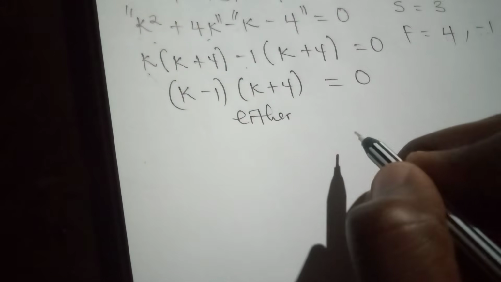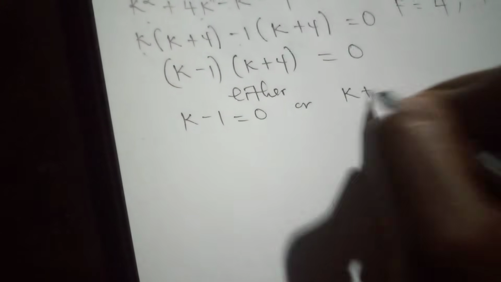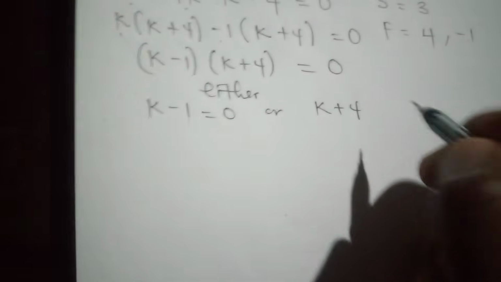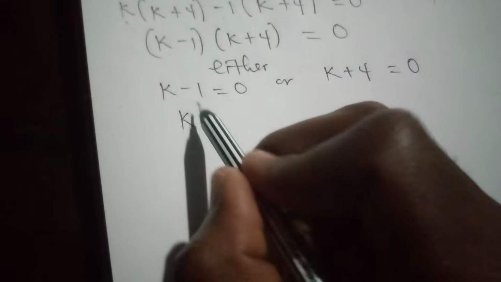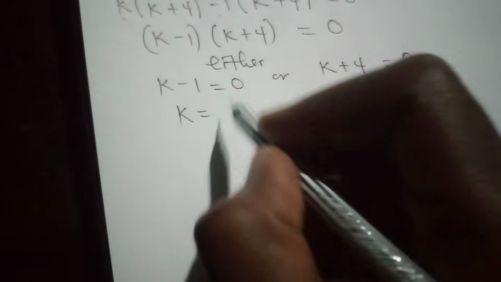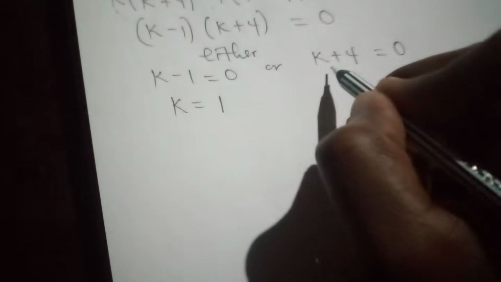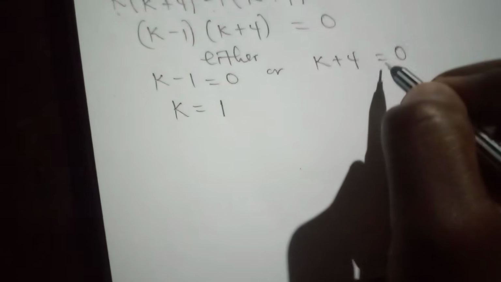So either k minus 1 is equals to 0 or k plus 4 is equals to 0. So k is equals to positive 1, when this number crosses the equal sign, and then negative 4 when that one crosses the equal sign.